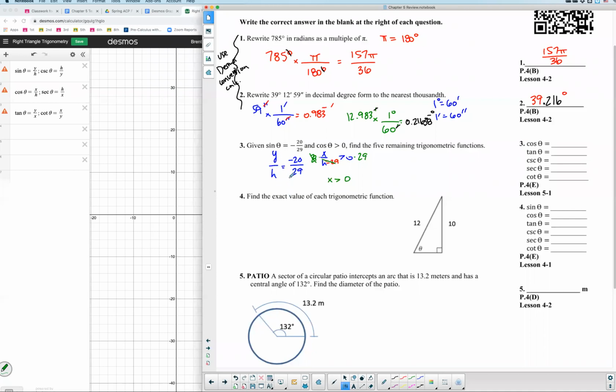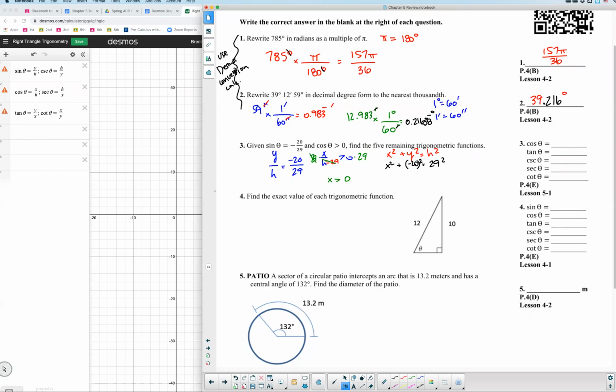Now, if you have y and h, the only thing you have to do to find your x is Pythagorean theorem, and we know that it's not going to be a negative x, it's going to be a positive x. So now I'll do my Pythagorean theorem that x squared plus y squared will equal our hypotenuse squared, where the x is unknown, just a positive unknown number, y is -20, and h is 29 squared.